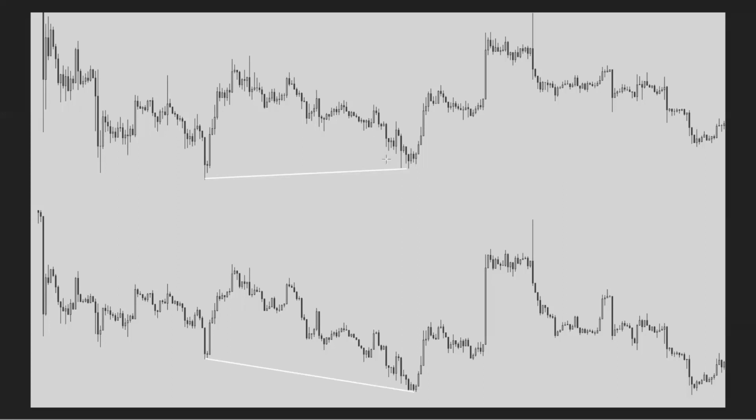Price failed to make a lower low, even though over the course of this entire period of trading, there was more market selling than market buying. So this alerts you to the presence of limit buys. There are heavy sellers down here in this whole range, but price isn't budging. It's failing to move lower.